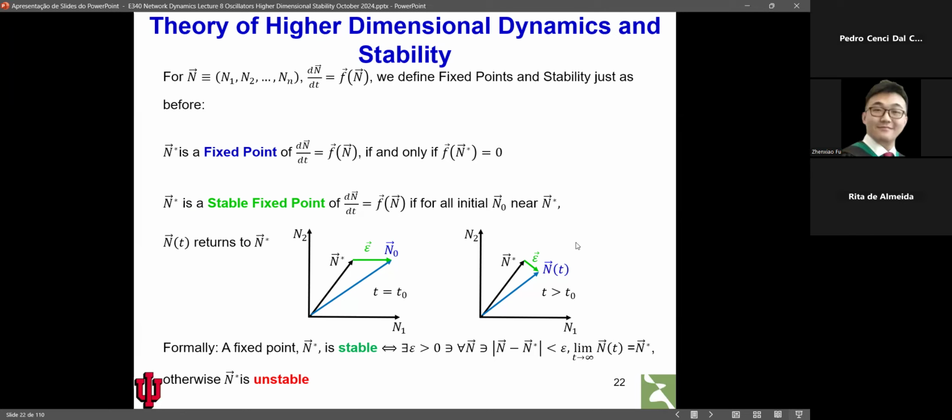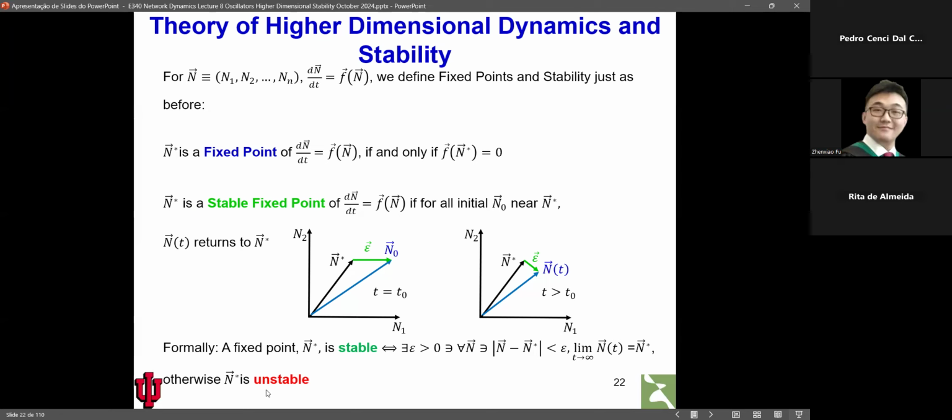And if you understand that, you see that if this maximum value of epsilon tends to 0, then the stability of this fixed point is going to change, because if the magnitude of epsilon is equal to 0, that means that no point around n star is going to return to the fixed point, and then it's unstable.